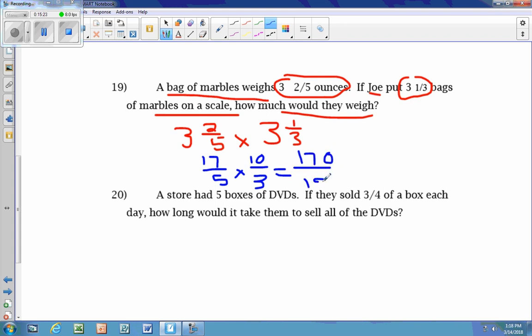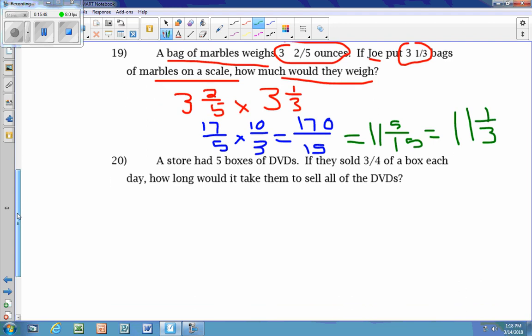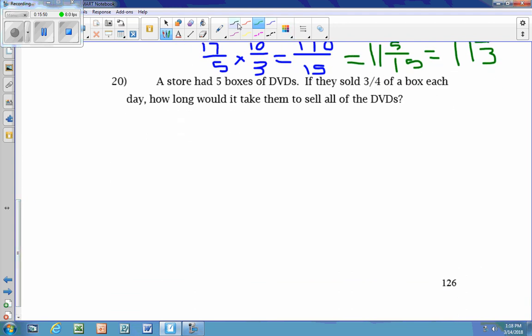And I have to do my division because I can't leave it improper. And it's 11 1/3.